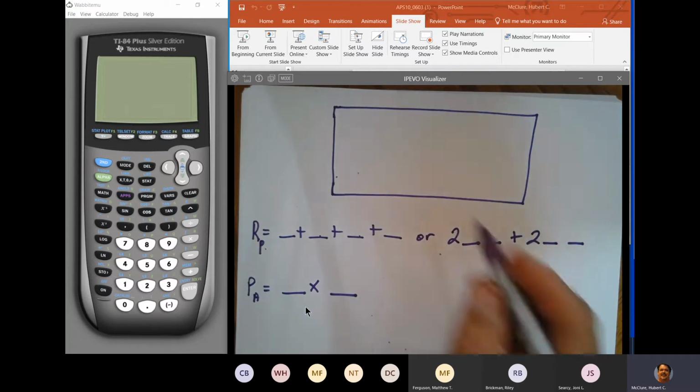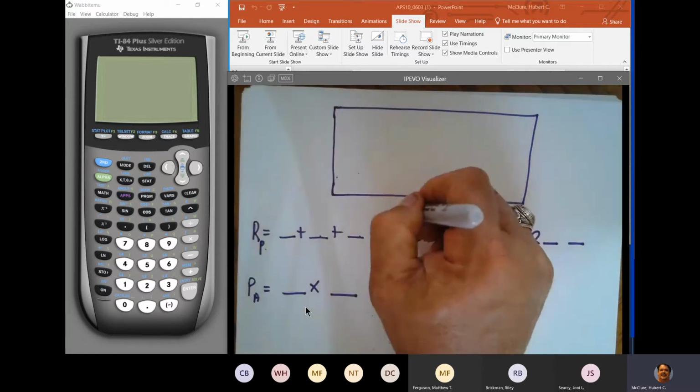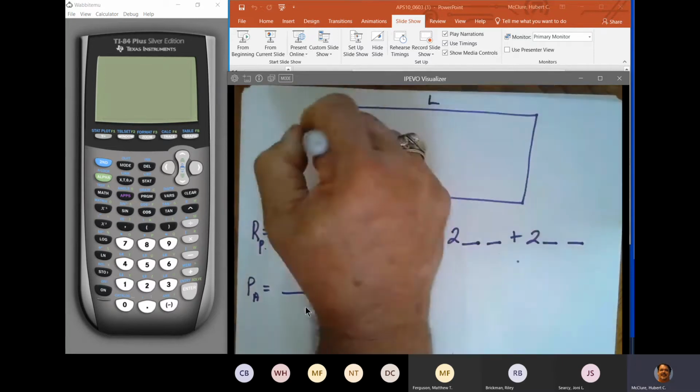This is the length and this is the width.